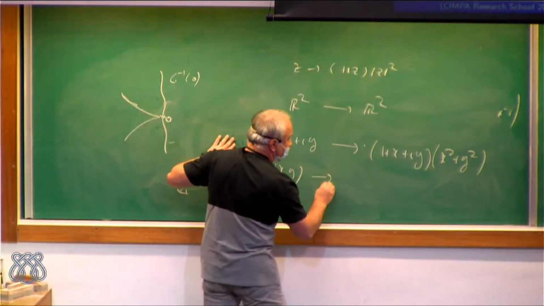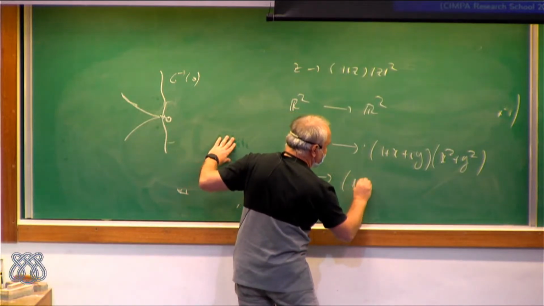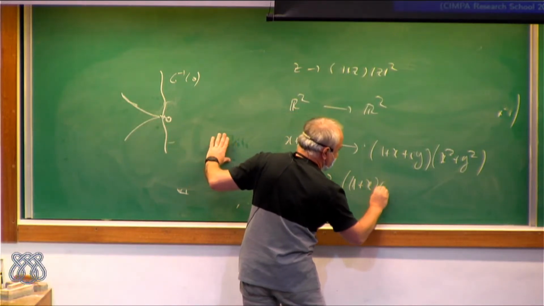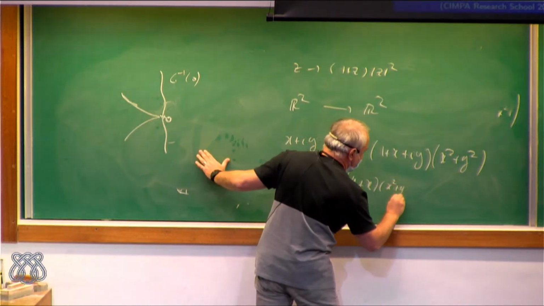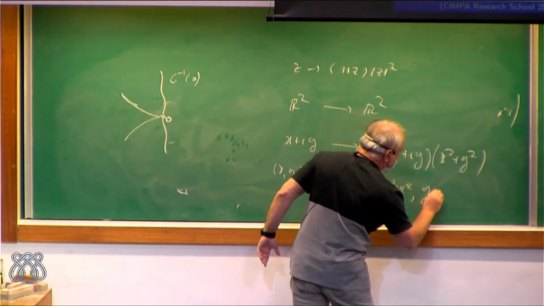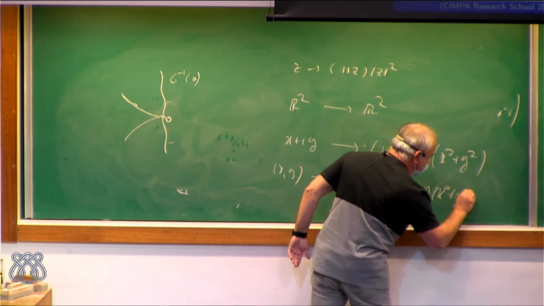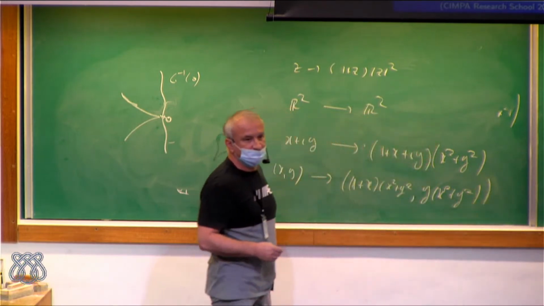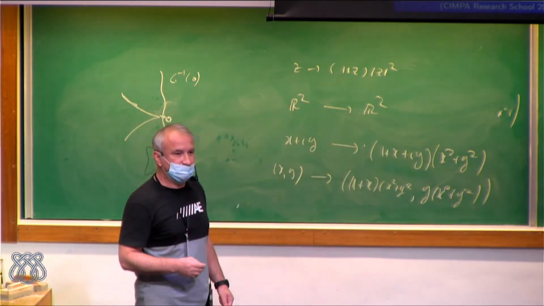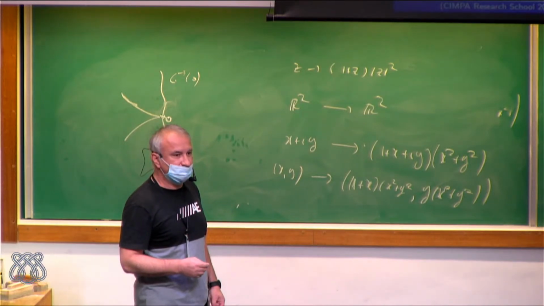Can you say something about that? Then that means that x, y goes to, on the first component, 1 plus x times x squared plus y squared, and y times x squared plus y squared. So can you say something about this? Okay, you have the theorem for complex germs.